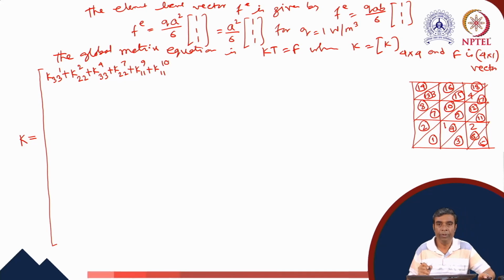So this is the first term of the assembled matrix. This is the K11 term.